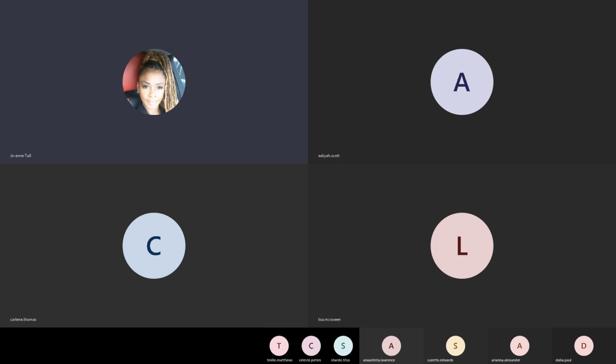I'm trying to screenshot it and see if that will work. Okay, you all will tell me if it comes up in the chat. I'm going to try sharing it now. I haven't loaded it up yet. Now trying to get at it.